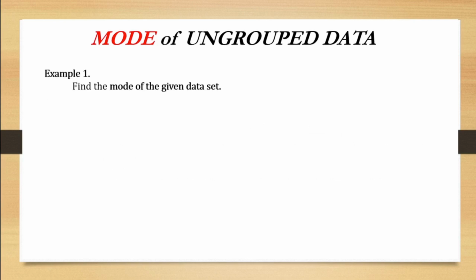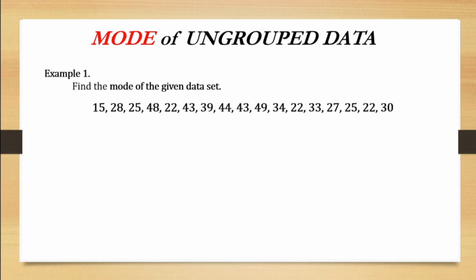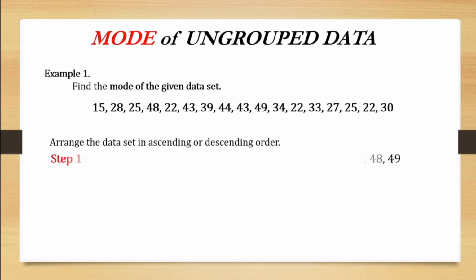Example: find the mode of the given dataset. Okay, the first thing that we need to do is arrange the dataset in ascending or descending order.